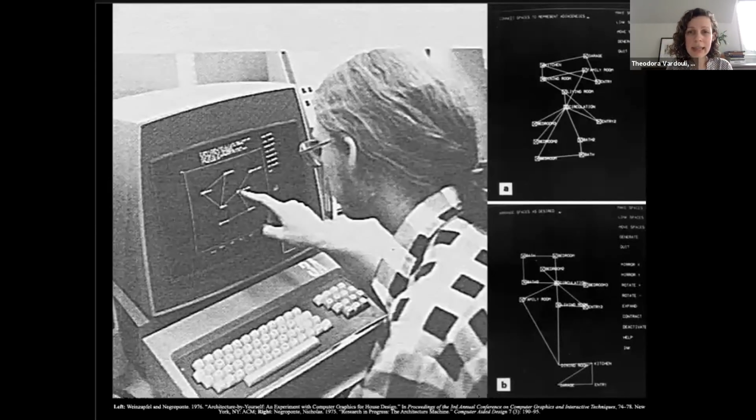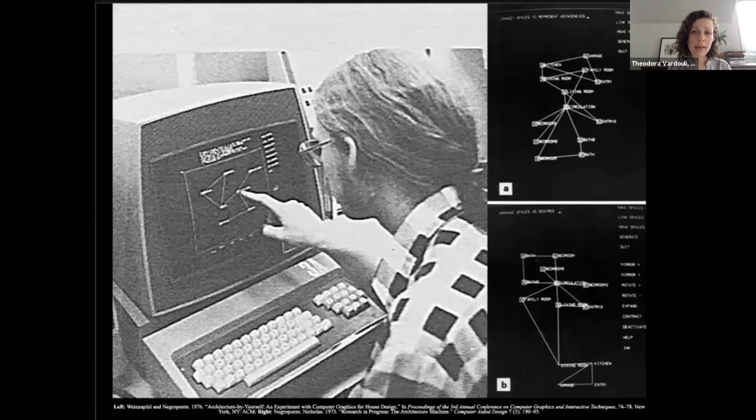So around 1975, Friedman's theory was incarnated in a computer system for architecture by the Computing Research Facility of MIT's Architecture Department, which was called the Architecture Machine Group. Some of you might know of it.